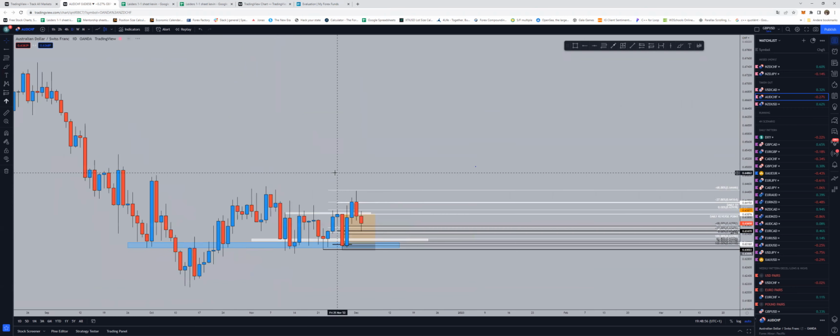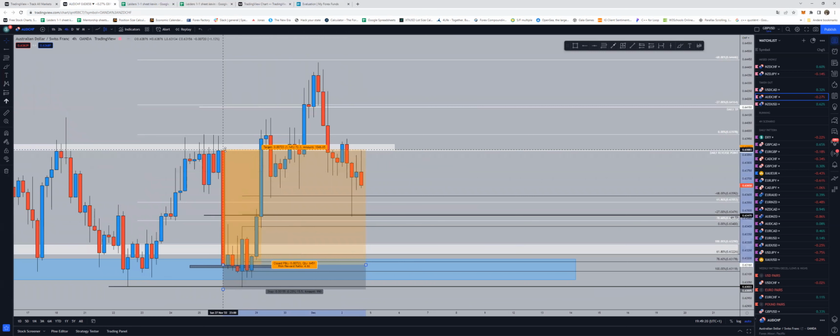So if I go to daily highs, you can see we had here a rejection, here a rejection, here a rejection. And yeah, I just took a lot of the lot size out, just all of it after the 1/3 close at the 4-hour TP. So yeah, just to be sure that the price didn't come back to my break even. So it was around 4.6% here, so it was good enough.